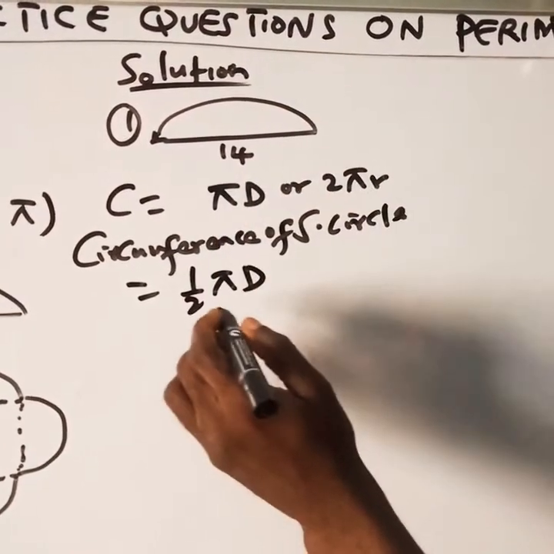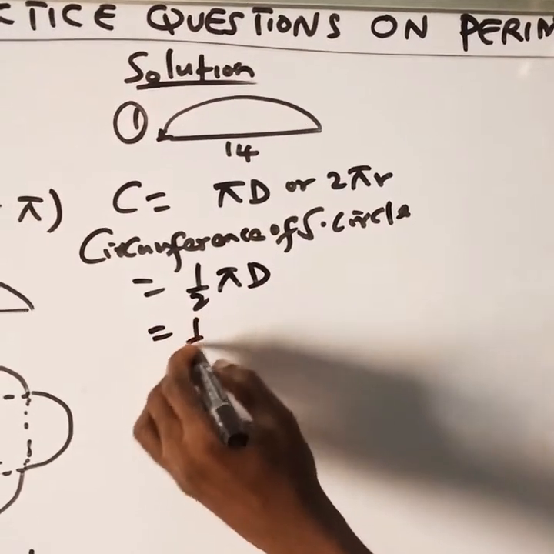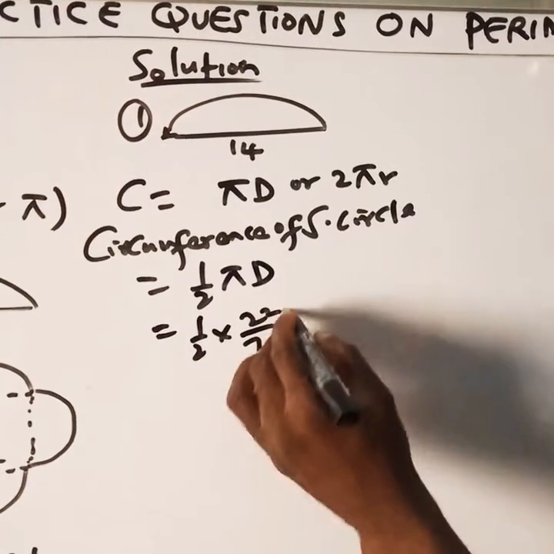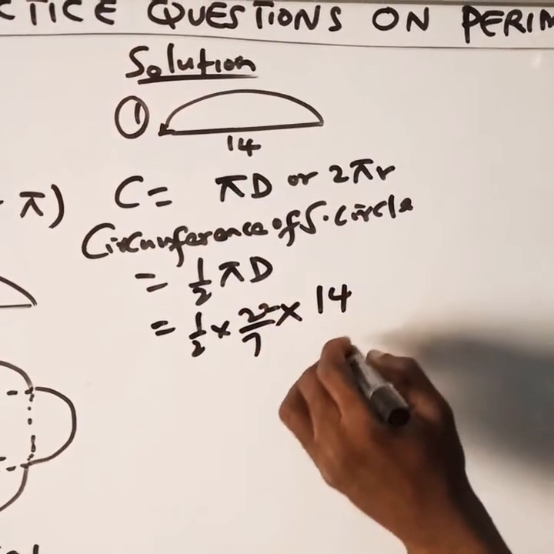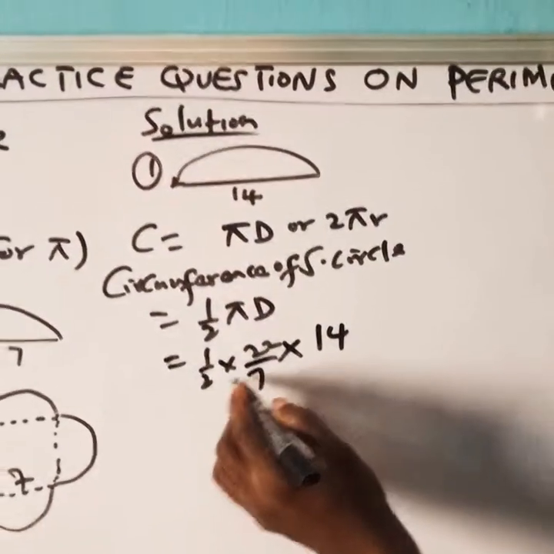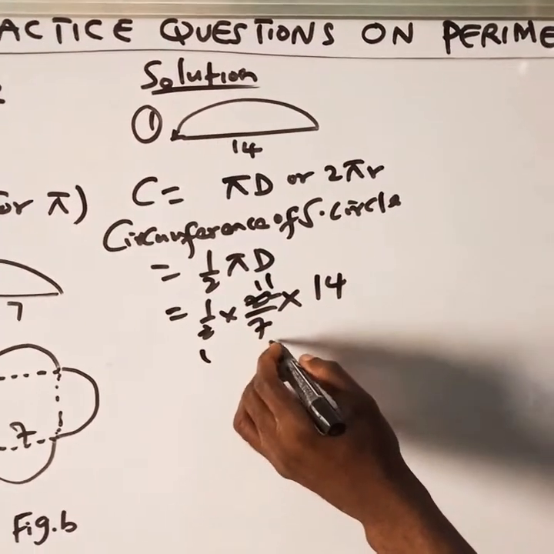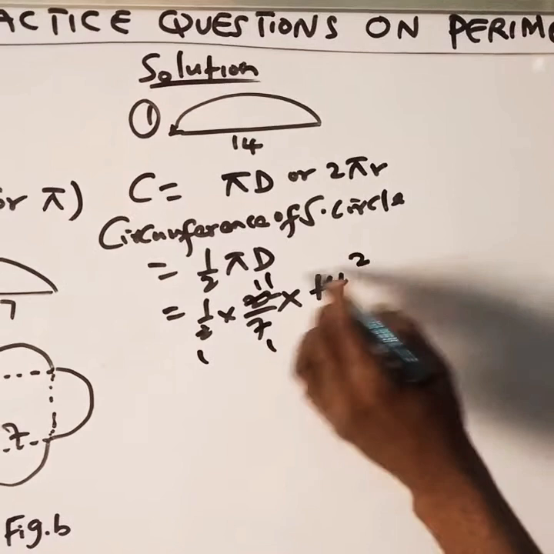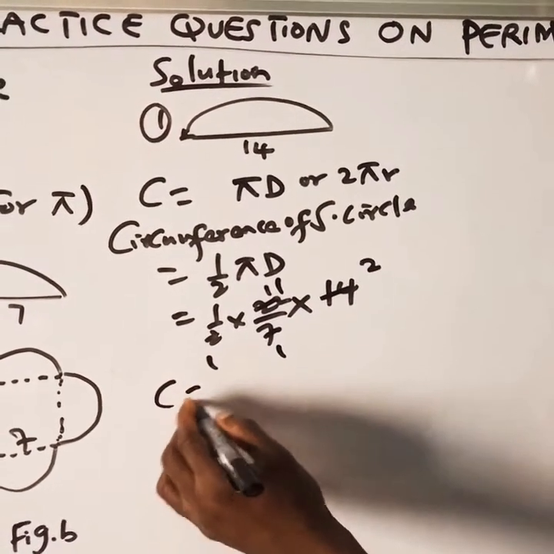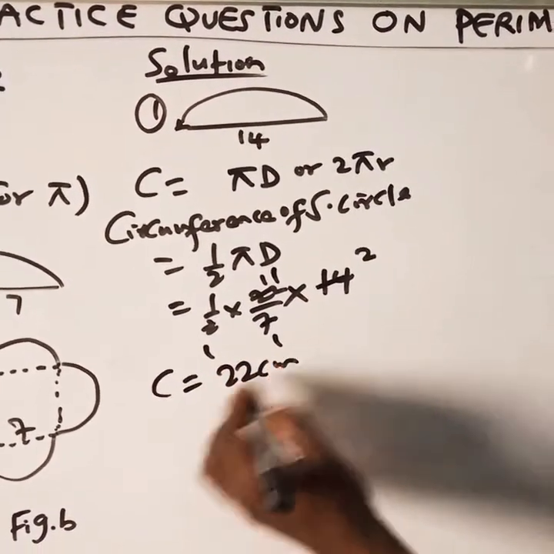Since a semicircle is half of a circle, that is half times 22/7 times the diameter, 14. All dimensions are in centimeters. 2 into 2 is 1, 2 into 22 is 11, 7 into 14 is 2, and 11 times 2 is 22. So circumference is 22 centimeters.